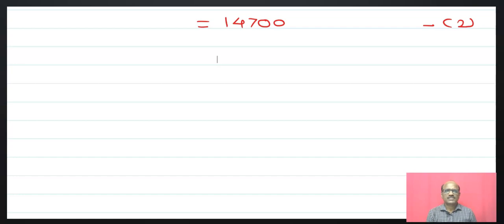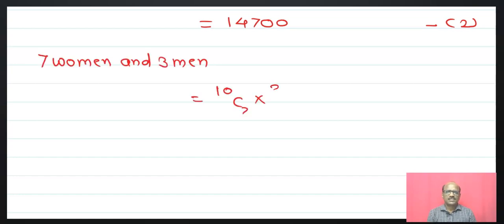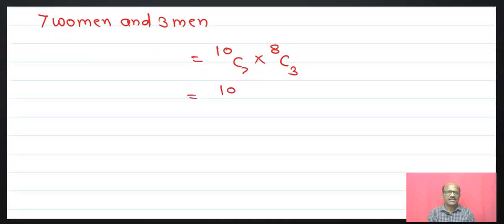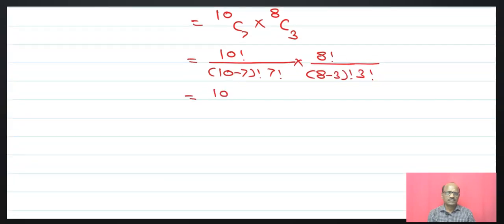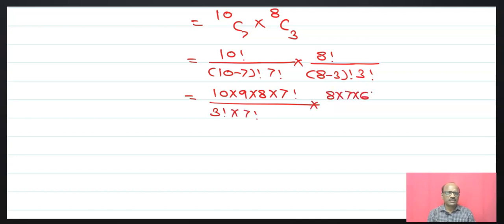Now next condition, 7 women and 3 men, that is 10C7 into 8C3. Again perform the same calculations. Extend up to the 7 factorial, 3 factorial into 7 factorial. 8 into 7 into 5 factorial, and the denominator also 5 factorial. Those 2 terms get cancelled.